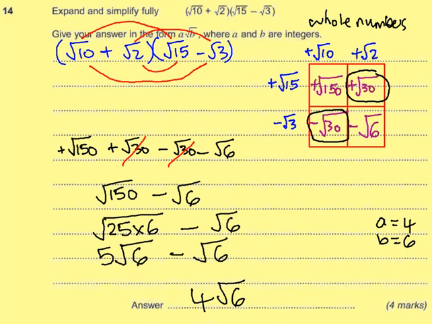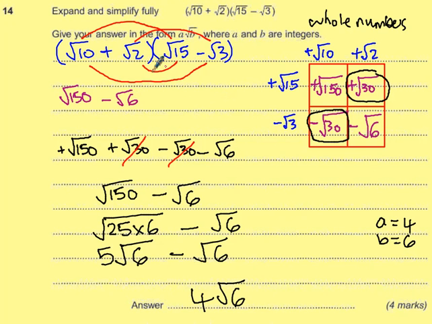Now if you had utilised the eyebrows, nose and mouth method for expanding the bracket, you'd have ended up with the first brow being square root of 150, and then the second brow is root 2 times root 3, which would give you the minus root 6.